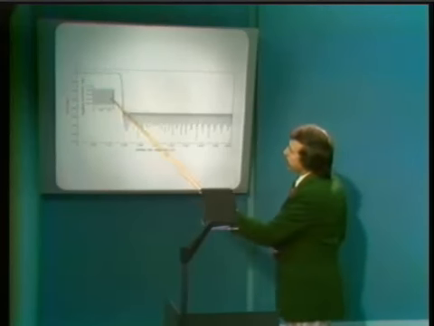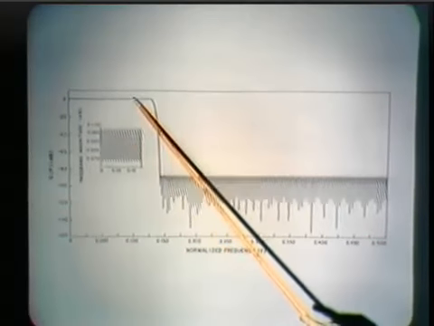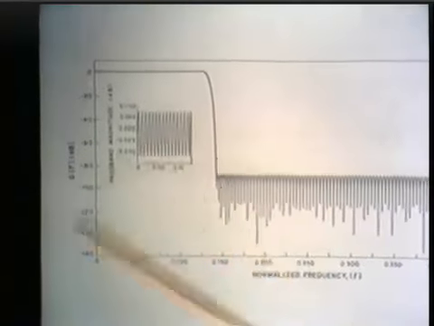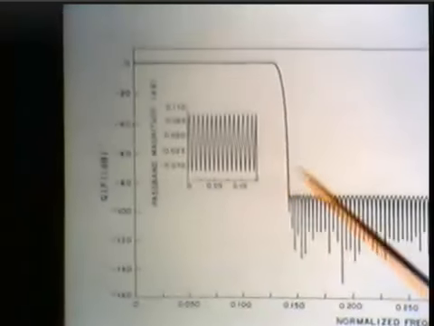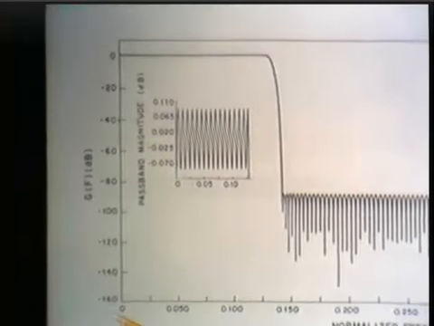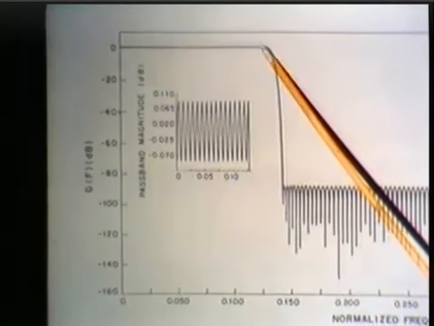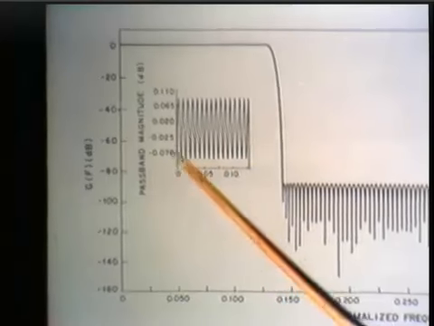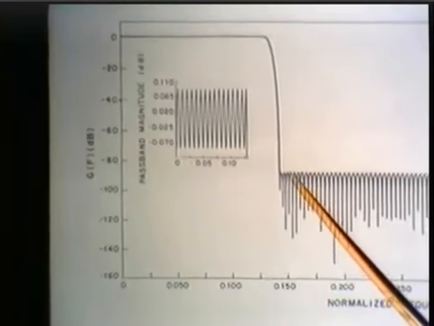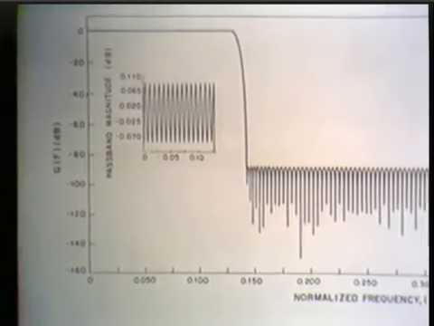And you can see that indeed the equiripple characteristics are evident in the pass band. This curve corresponds to the frequency characteristics plotted in dB. So the passband ripple doesn't show up. So with that scale expanded, we can see the ripple. And then we have the ripple in the stop band.